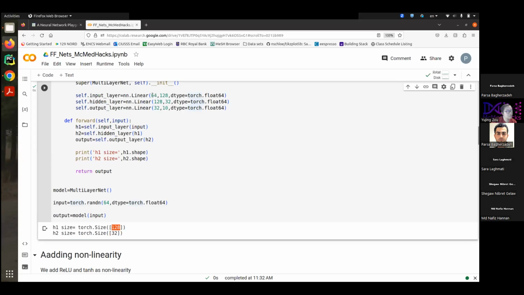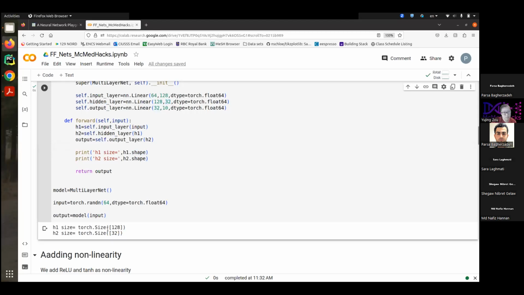Why? Because the input of 64 is being mapped to 128. So H1 is 128, then 128, again I chose it, is mapped to 32.